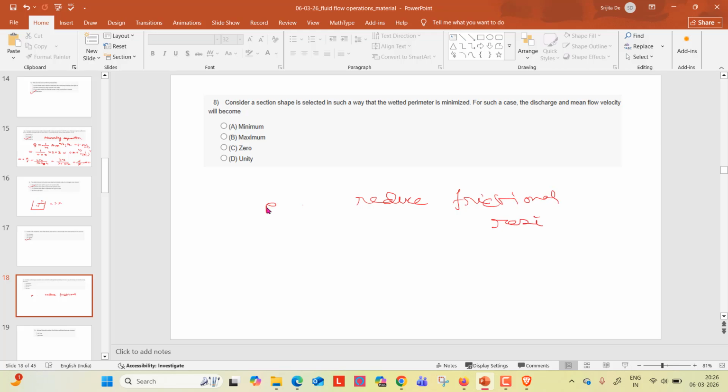Okay, that means the discharge and mean flow velocity will be high. So maximum discharge and flow velocity. Okay, so it is maximum.